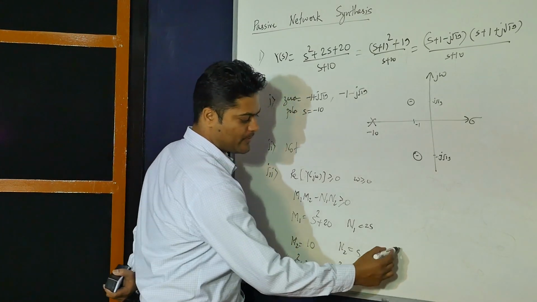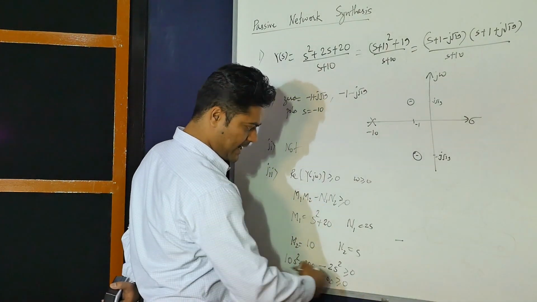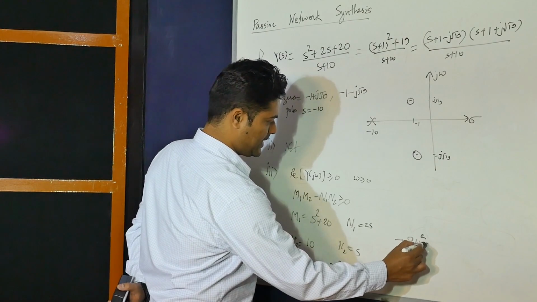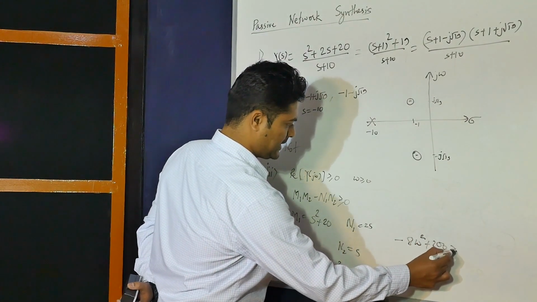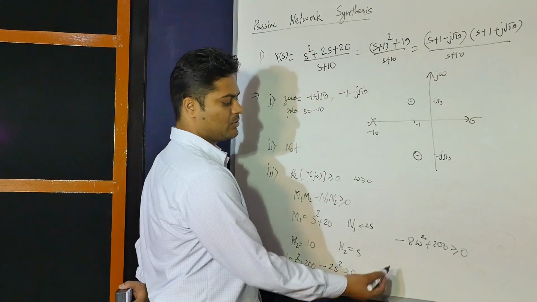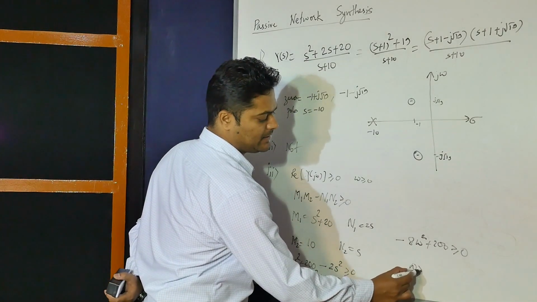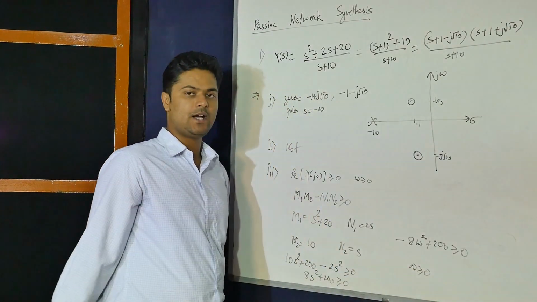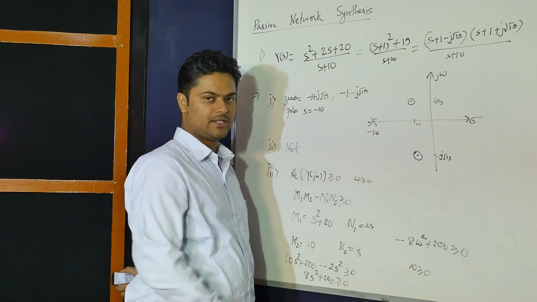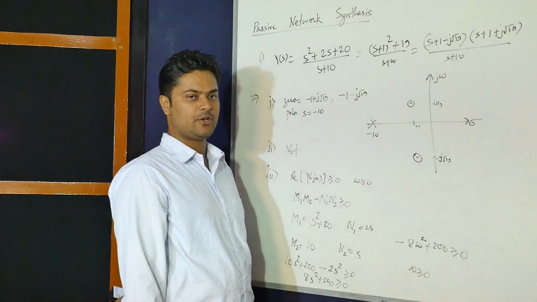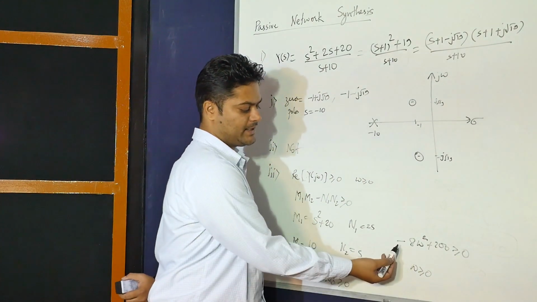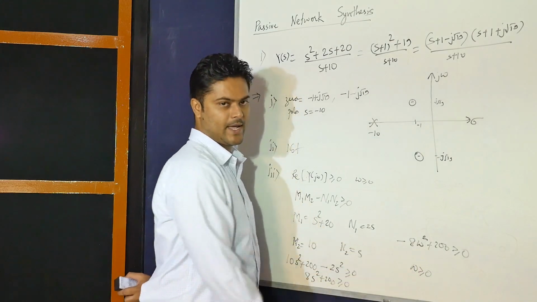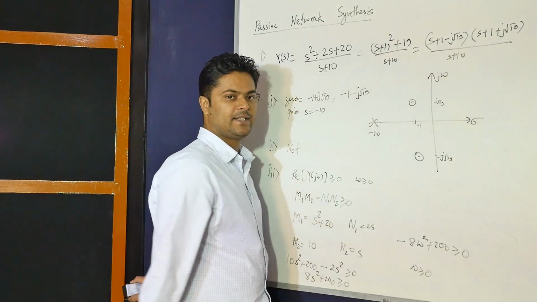Keeping s equal to j omega, we end up with minus 8 omega square plus 200 greater than or equal to 0. So is the real part of Y of j omega greater than 0? That is, is minus 8 omega square plus 200 greater than or equal to 0?